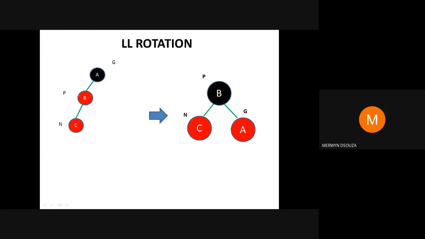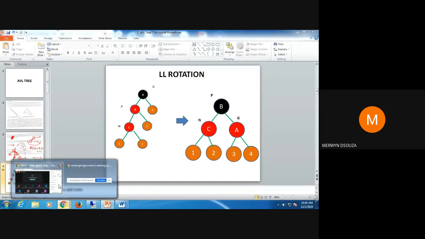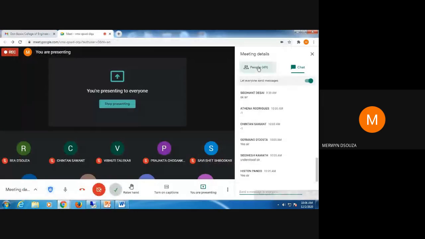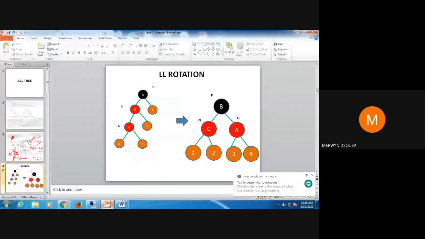Then calculate the balance factor for B, then for A. Can you do it quickly? Copy it down also.